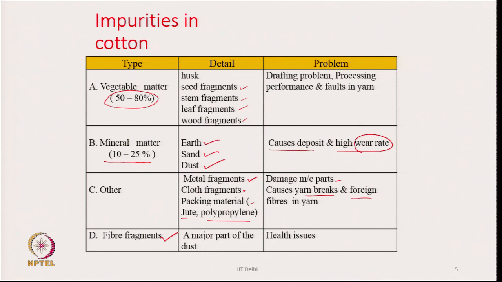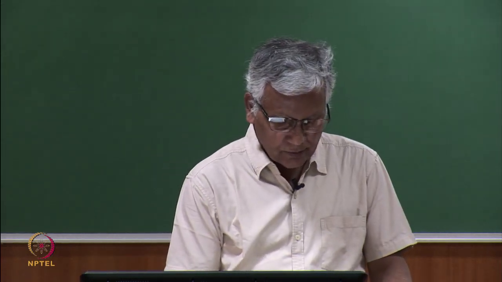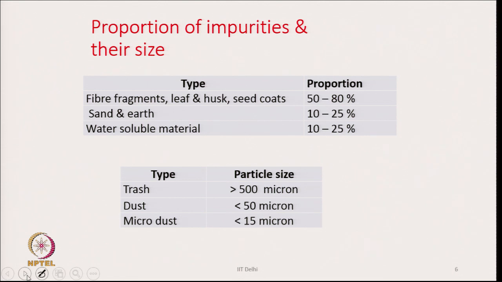Those who work in front of the machine, the operators, may have health issues because of inhaling this dust. So, these impurities are present, we know their quantity, their type and what kind of problem they can create, and therefore, we have to get rid of them.